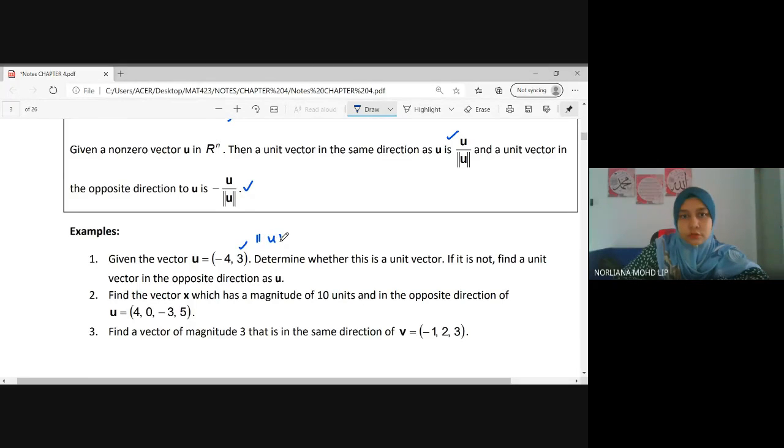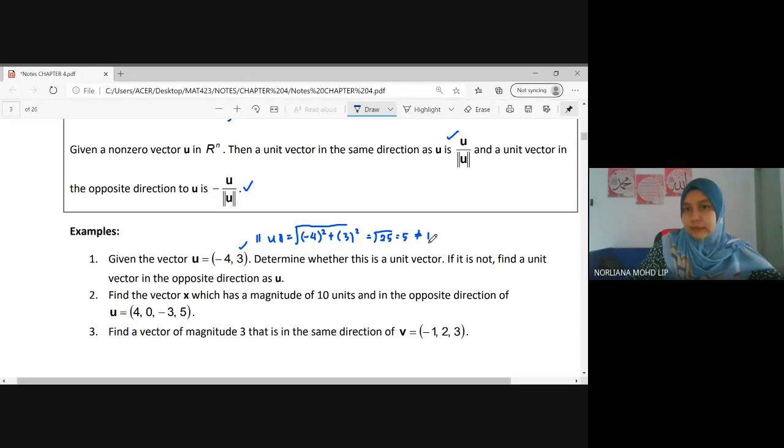The magnitude of u equals the square root of negative 4 squared plus 3 squared, so equal to the square root of 25, which is 5. It's not equal to 1, so it is not a unit vector.